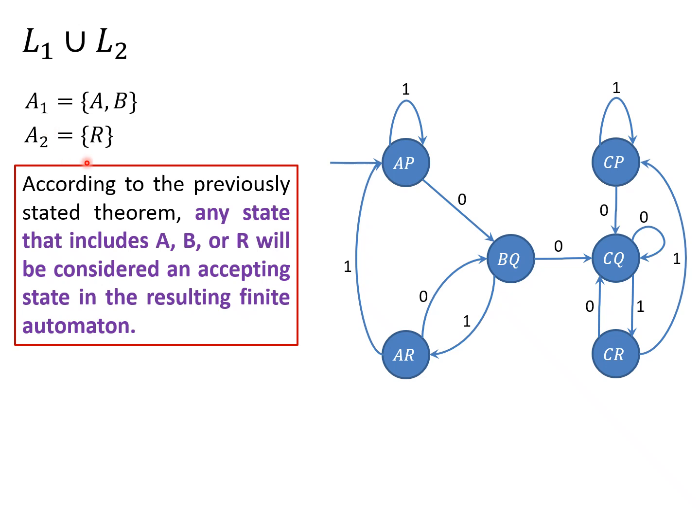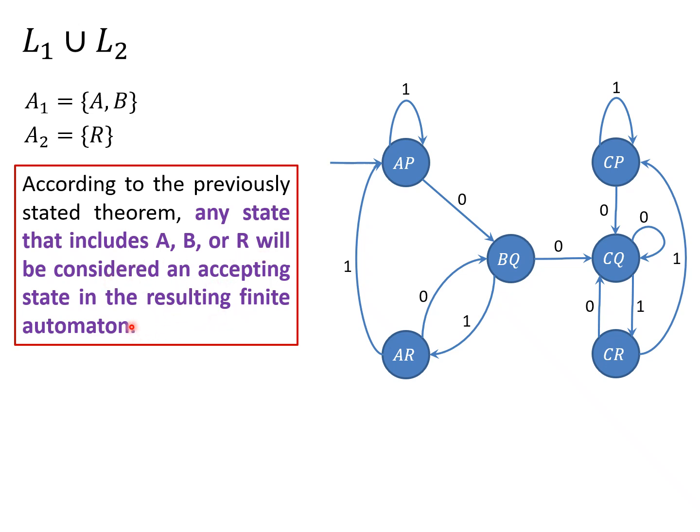According to the previously stated theorem, any state that includes A or B, or R, will be considered as an accepting state in the resulting finite automata.